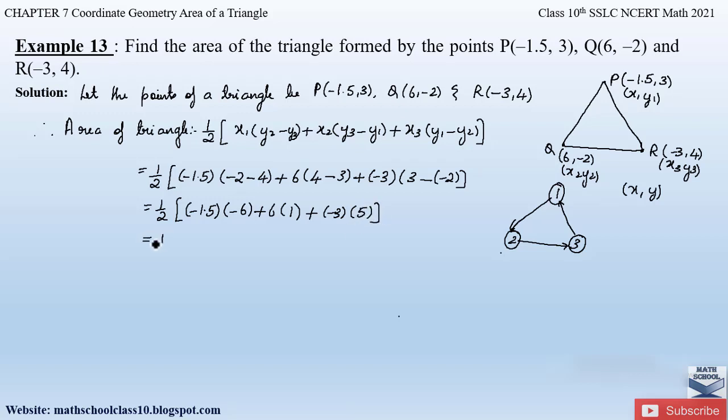So this will become half into, minus into minus will become plus, and what is 1.5 into 6? Let us multiply: 6 5s are 30, 6 1s are 6, plus 3 is 9. There is a decimal point after one digit, so we take a decimal point after one digit here also. So the result is 9.